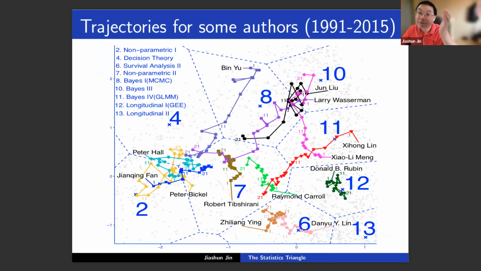You can do this for every author, but as examples, we just pick a whole bunch of these authors to present. Now I'm going to show you a video to see the trajectories of these individual authors. Give me a minute. So here is the trajectory.